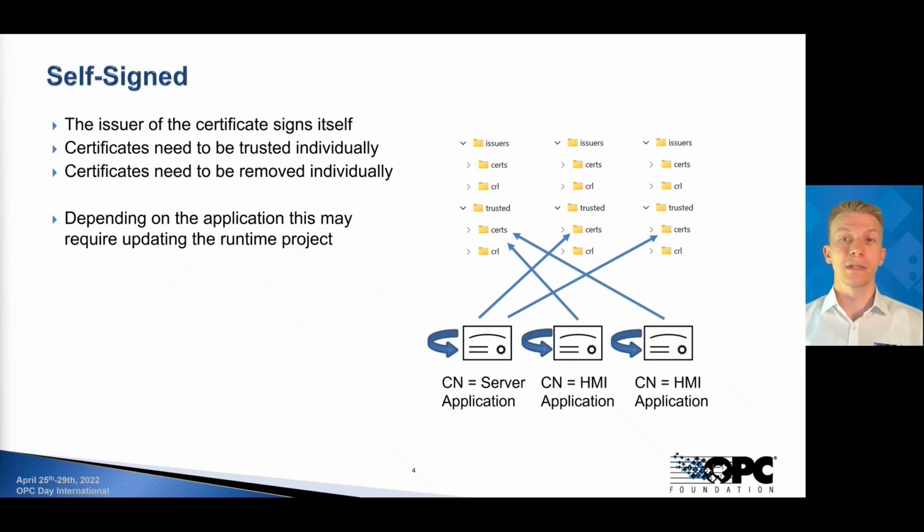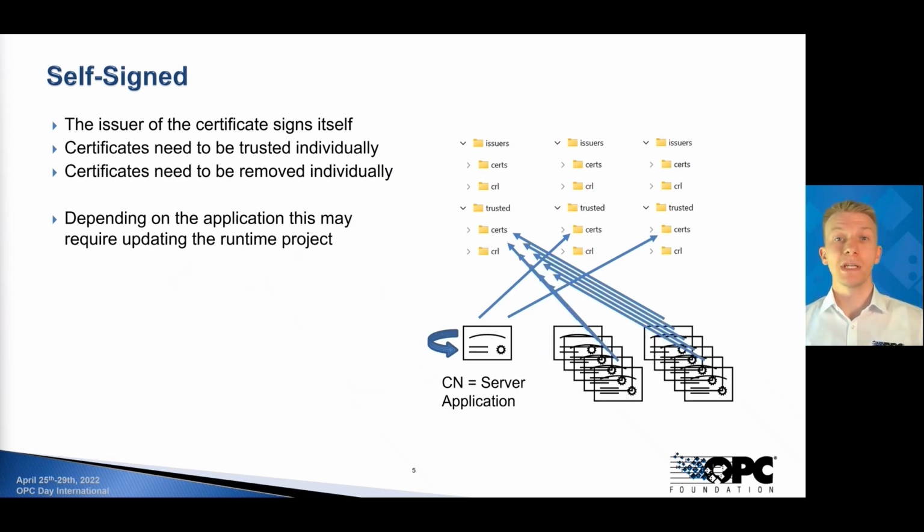This is not the best, and it becomes even worse from a management perspective, because you won't just have one application or three as in this example, but probably tens of clients as well as hundreds of servers. You basically end up walking with a USB stick through your facility and copying those certificates individually into the trust lists.